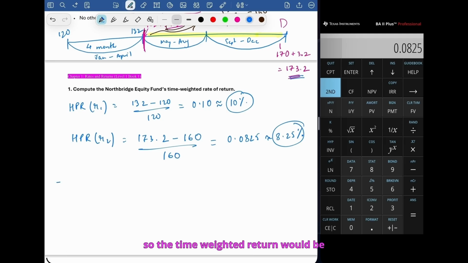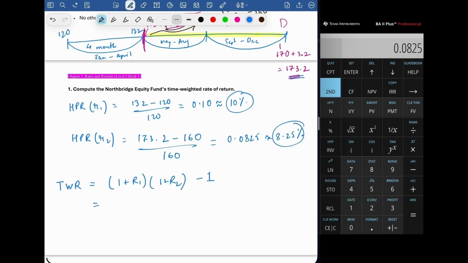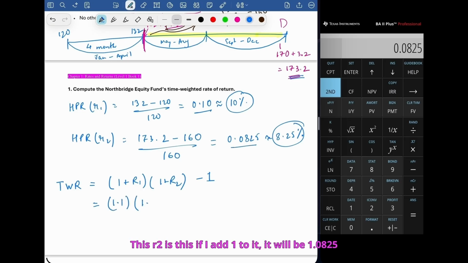So the time weighted return would be the formula of multiple holding period returns: 1 plus R1, times 1 plus R2, minus 1. R1 is this, so if I add 1 to it, it will be 1.1. This R2 is this, so if I add 1 to it, it will be 1.0825, minus 1.